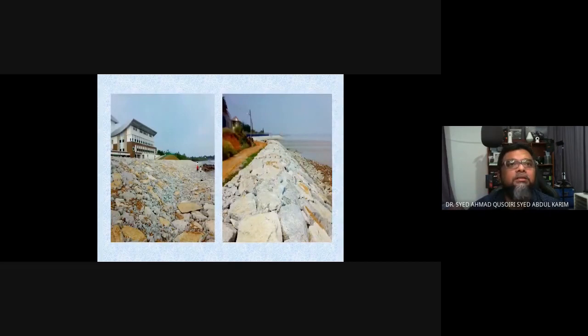Okay. So kat sini, ini apa ni? Classification dia. Adakah seawall? Adakah apa ni? Dari segi teknikalnya, this is a revetment. Kan? Kalau bahasa Melayu tu semua panggil tembok.